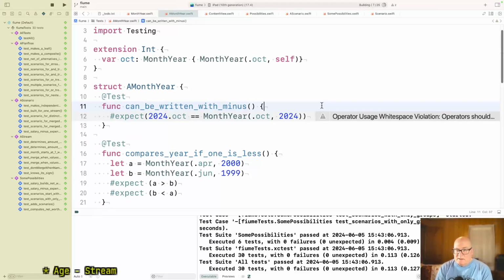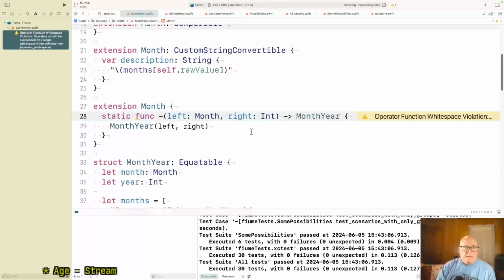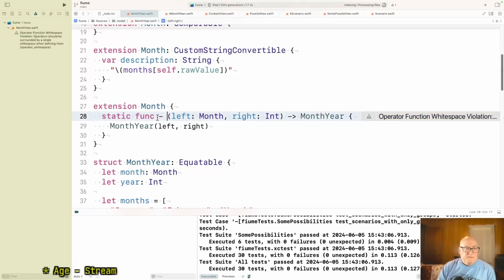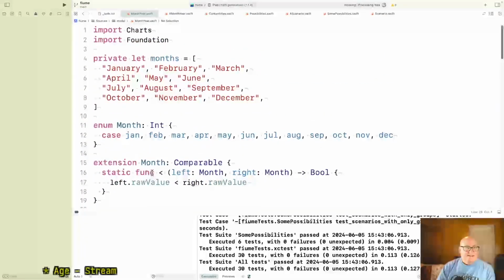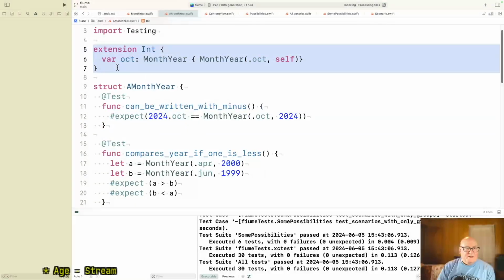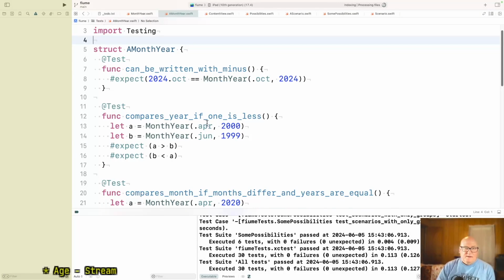That shouldn't be a white space thing. Oh, that's that one. All right, I'm taking this one out. I think I'm putting this one in. I'll put it in here.